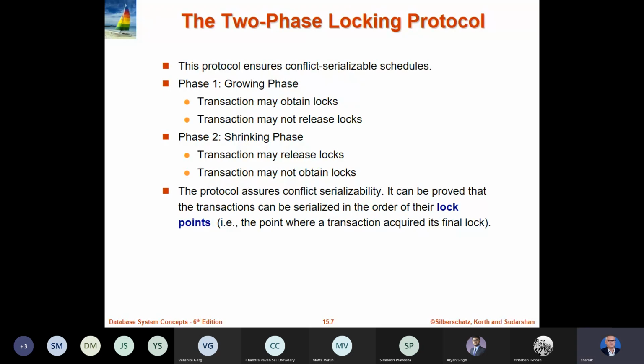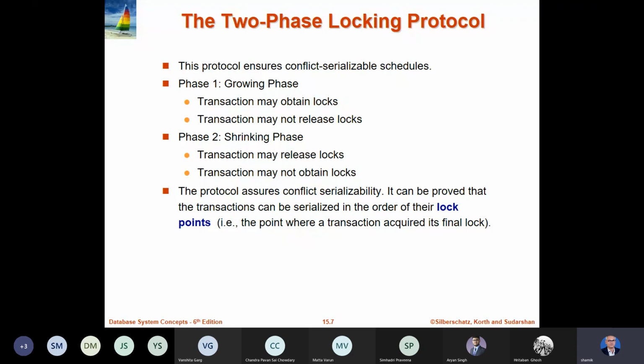So the two-phase locking protocol ensures conflict serializability. This is the important part: a database management system cannot let you generate arbitrary schedules of transactions and then determine whether each is conflict serializable by drawing the precedence graph and detecting cycles. Instead, it will enforce a protocol, in this case the two-phase locking protocol, which will always generate only conflict serializable schedules.